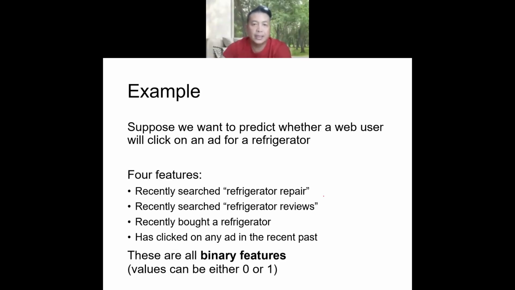So let's give an example. Suppose we want to predict whether a web user will click on an advertisement for a refrigerator.